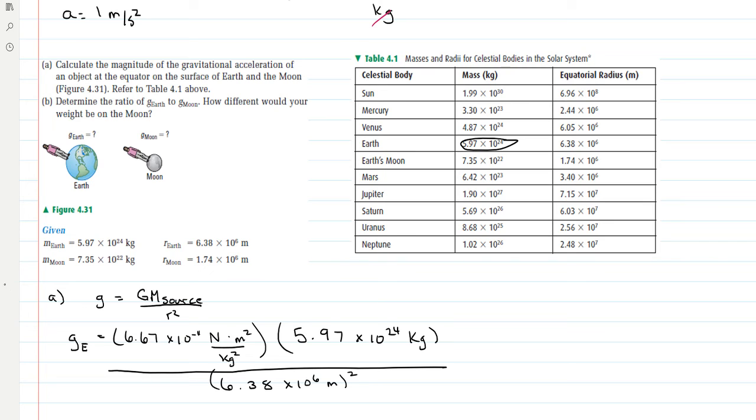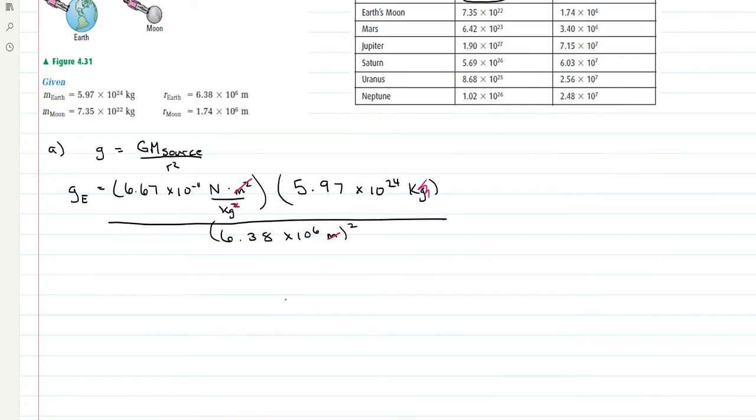And this is fantastic because one of these kilograms crosses out, and then you're just left with Newtons per kilogram, which is also meters per second squared. So that works out perfectly. We put this into our calculator, and to 3 sig figs we should get 9.78 meters per second squared, or 9.78 Newtons per kilogram.